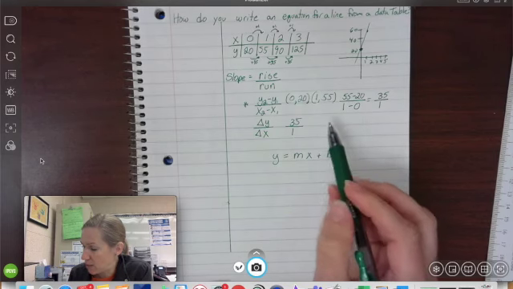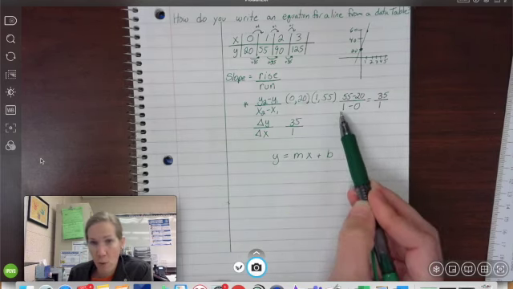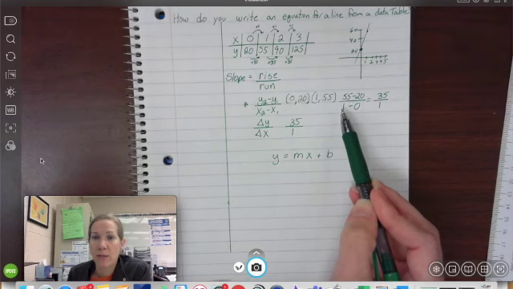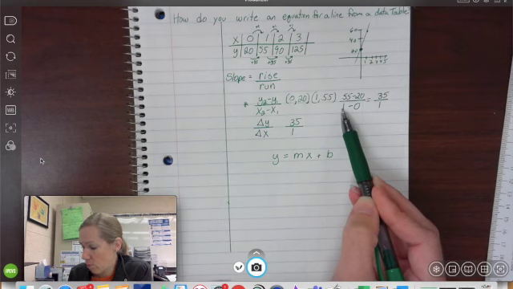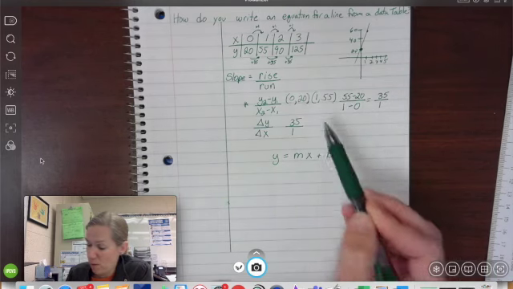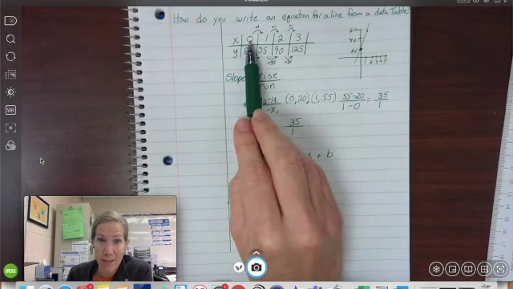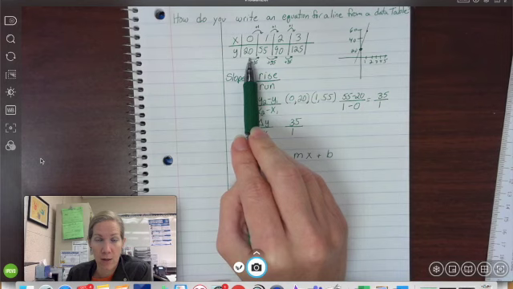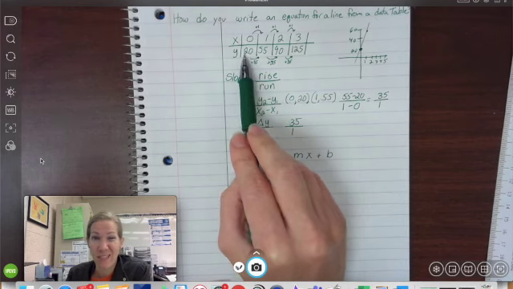We can go back up to this example, delete one of these points, and put the y and the x, and then solve for y, okay, to get it in this form. Or, because our table already tells us that when x equals 0, y is 20, we know the y-intercept. It's 20. So we can actually just look at the table in this case.